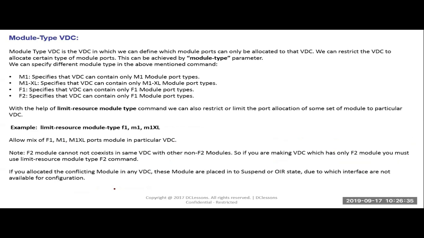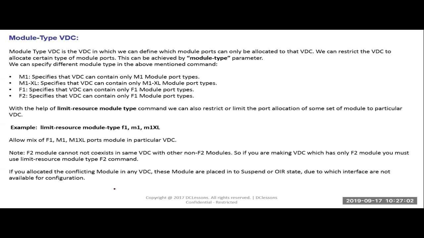So let's see what a module type is. Module type is a very interesting command which is used when you want to restrict your VDC to use a particular set of line cards, right? If you want to restrict the VDC to allocate a certain type of module ports, you can use the module type parameter.